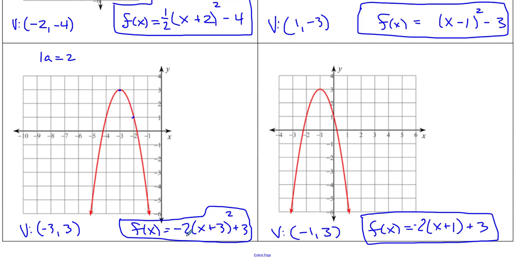So that means I have that 2 right here. I have this negative graph, so I needed to put that minus sign. And then I did the opposite of my x value here, which is +3. And this one stayed true as +3. So the same thing here. If I went over 1 down 2, that means I have a -2 out front. And then I did the opposite of this -1, +1, and then the 3 rings true.